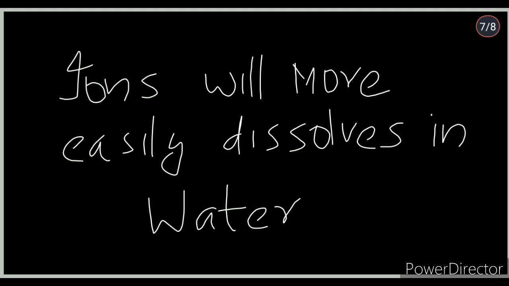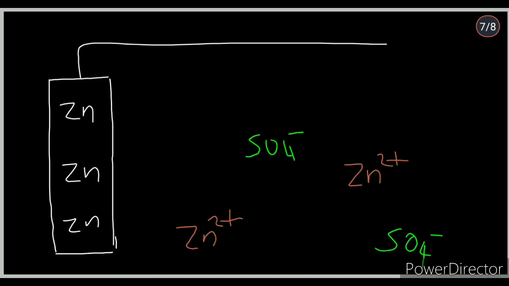Since ions have more chance to dissolve in water, the Zn2+ ions from the metal strip go into the zinc sulfate solution.